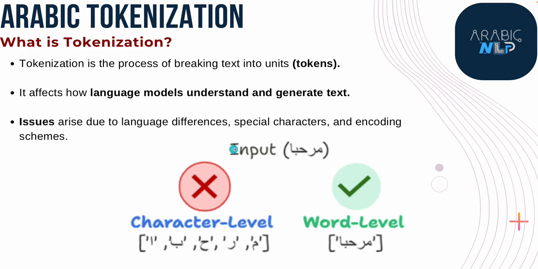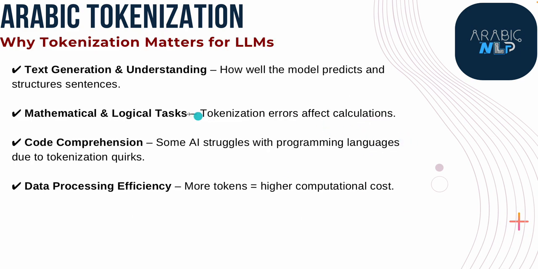Advanced models merge common patterns to optimize token usage. For Arabic especially, and I want to make this clear, there is a tricky right-to-left writing system, and also complex morphology and dialects. So let's see how this affects LLM performance.